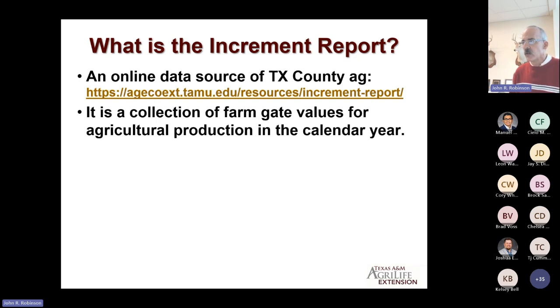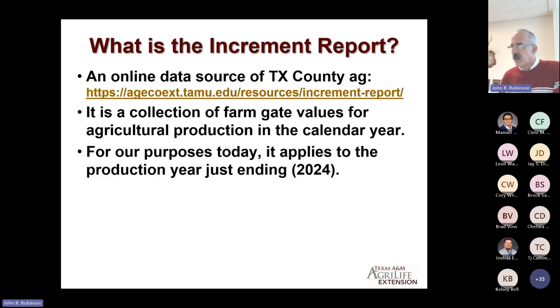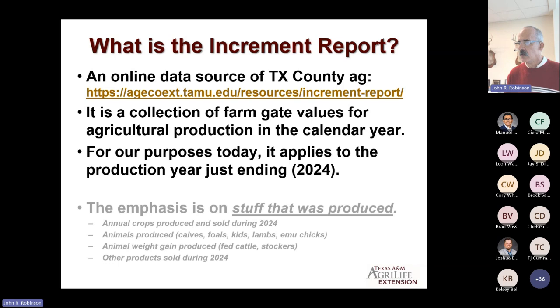The numbers that are in there are supposed to represent farm gate values of production, agricultural production defined broadly, for the calendar year. So what we're thinking about is, what's the value of stuff in Texas that was produced in 2024? We're looking back at 2024.